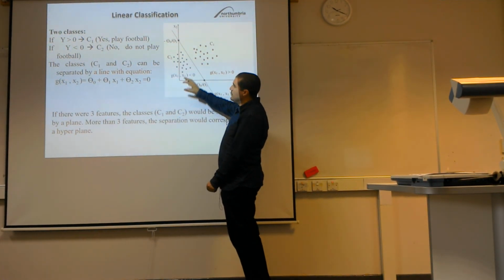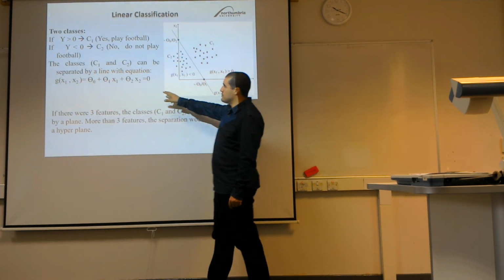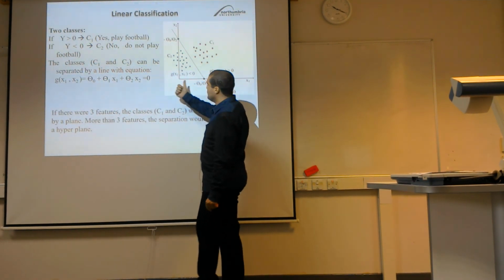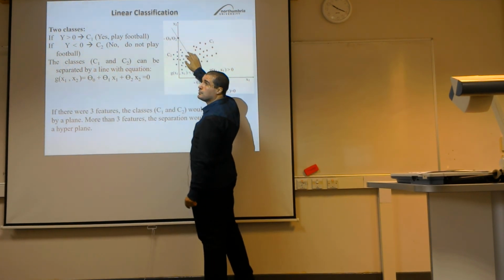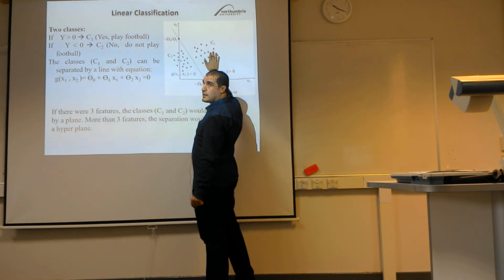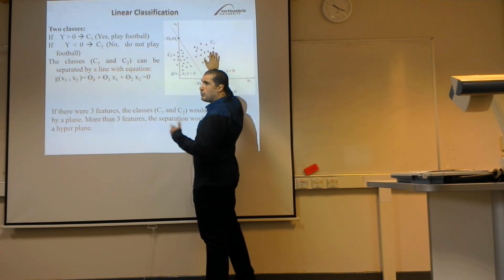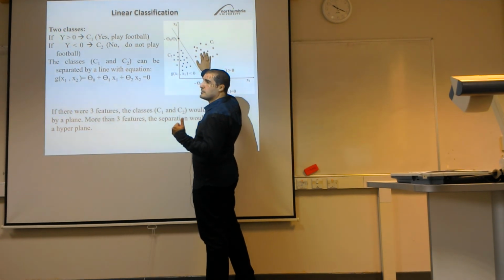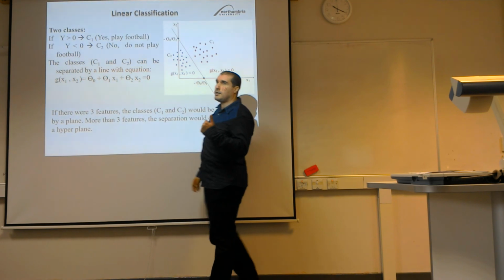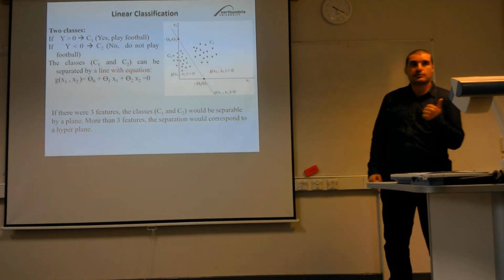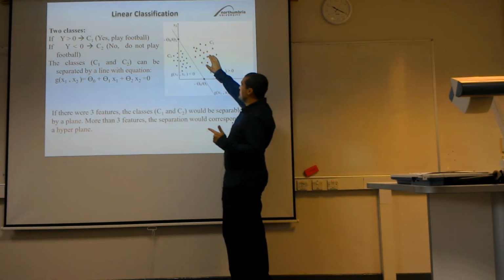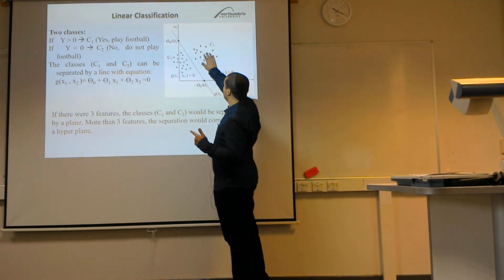In two dimensions, we can represent the data because we have two features, x1 and x2. We can represent the distribution of data. We have two classes in our example. One class is represented by yes, class label yes, play football.